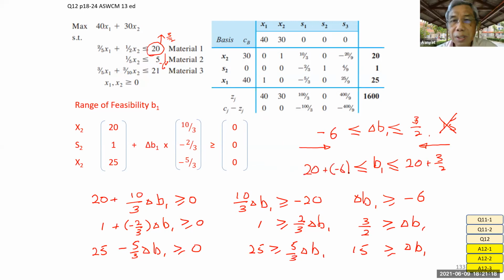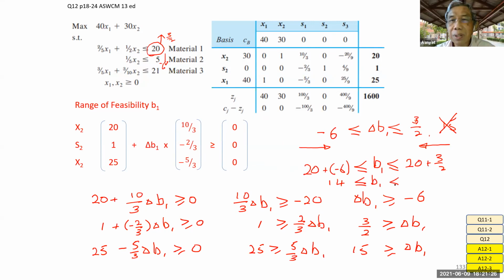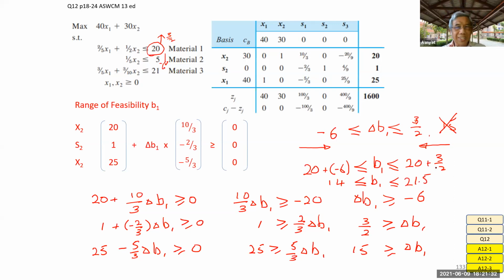So here it becomes 14 less than or equal to B1, and B1 is less than or equal to 21.5. Okay, good. That's how to handle sensitivity analysis. Actually, it's simple if you understand the concept.